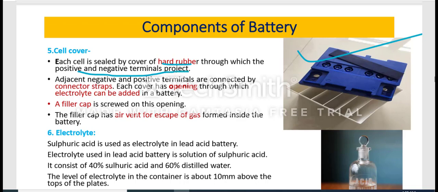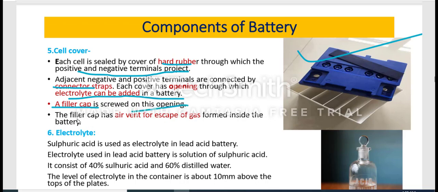Adjacent negative and positive terminals are connected by the connector strap. Each cover has an opening through which electrolyte can be added in a battery. Means when there is a need of replacing the electrolyte, there is an opening through which we can add the electrolyte in the battery cell. A filler cap is screwed on this opening.